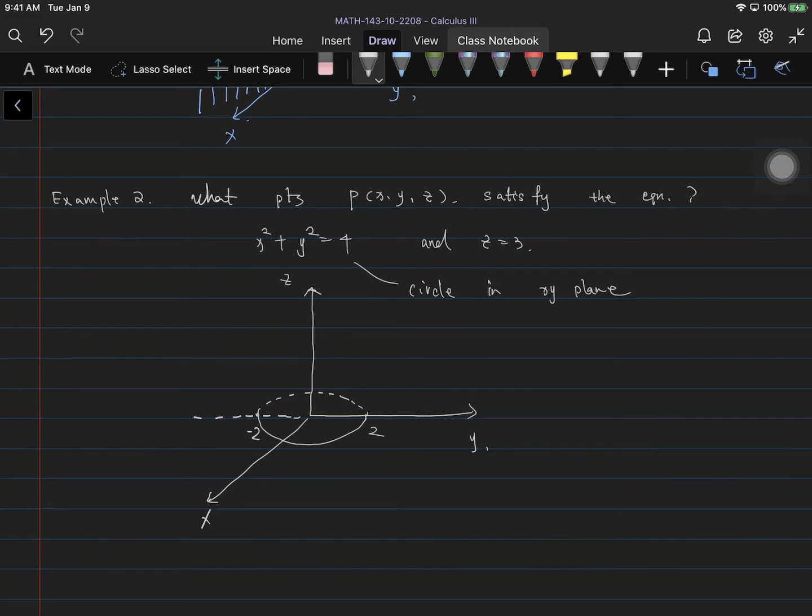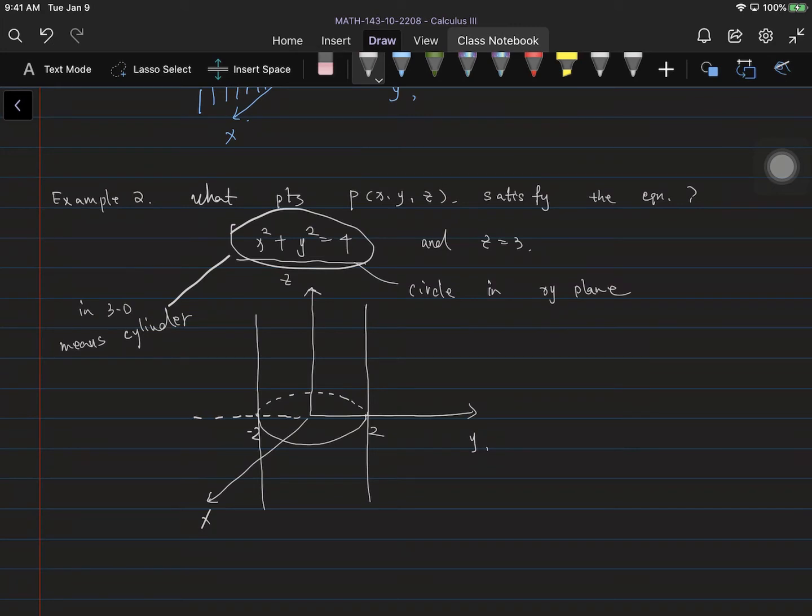And if we just look at the first equation, that means z can be anything. If z can be anything, it's like we move the circle to the top and to the lower part, and they become a cylinder. If we just have an equation like this in 3D, it means a cylinder.